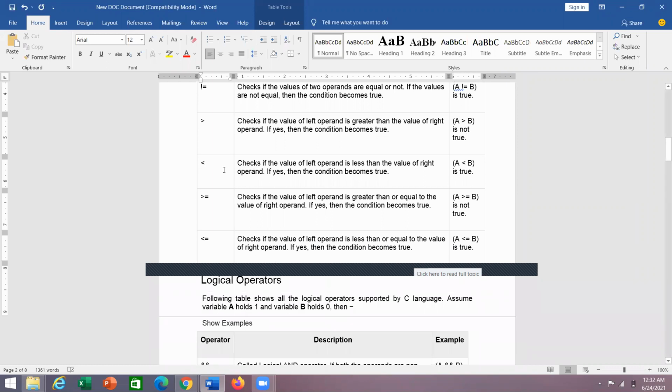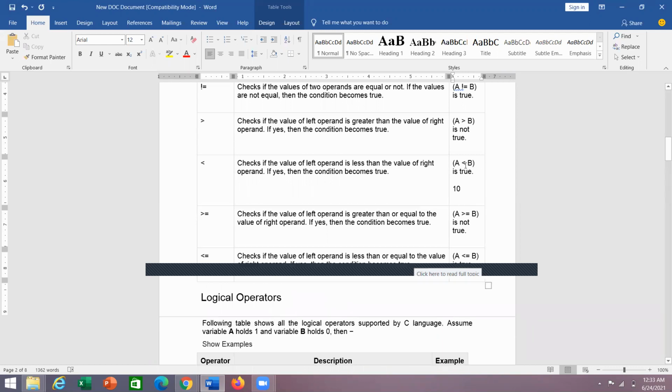And less than. It checks if the value of the left operand is less than the value of the right operand. Left operand is A and right operand is B. So here we can take the same example, 10 less than 20.